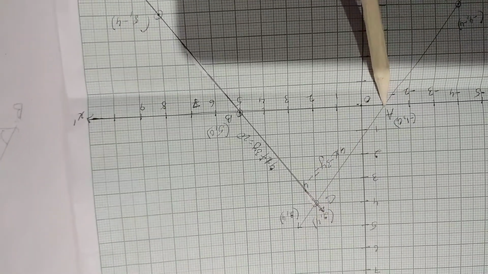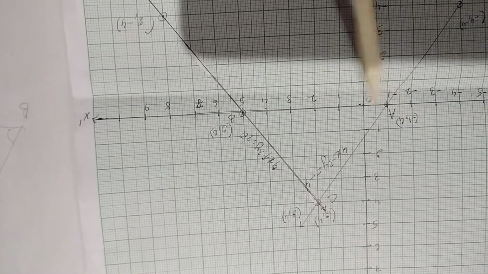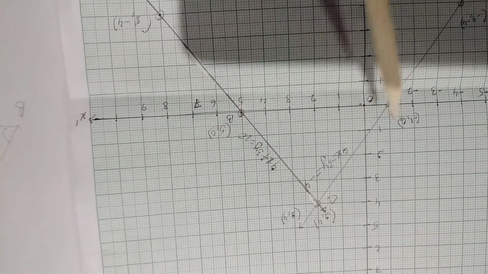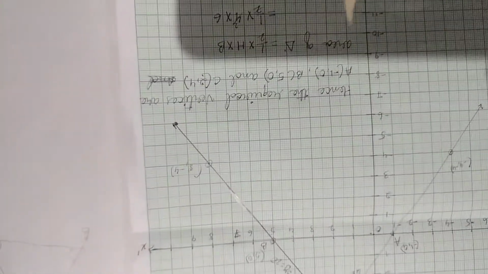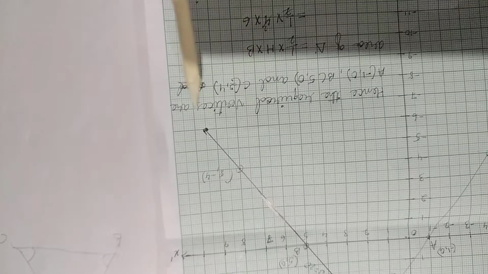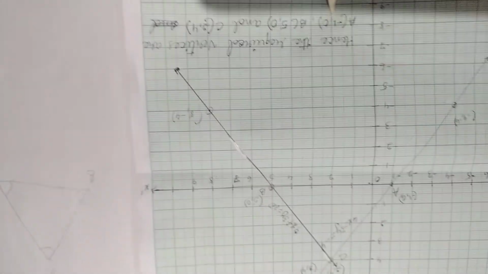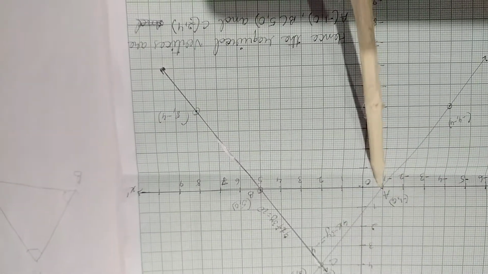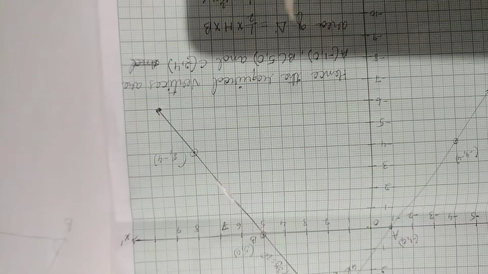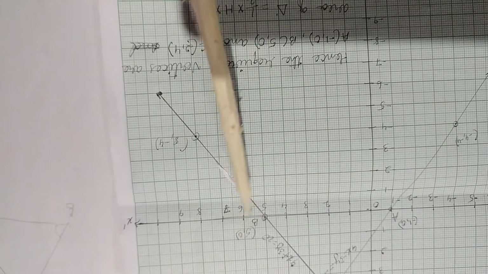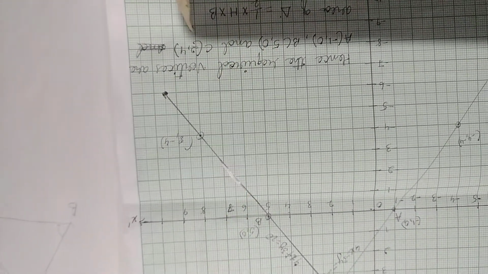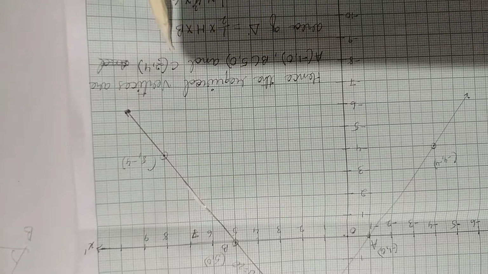You can name them; I have given A, B and C. Hence the required vertices are A (-1, 0), B (5, 0), and C (2, 4). So we are getting the 3 vertices, and those are these.